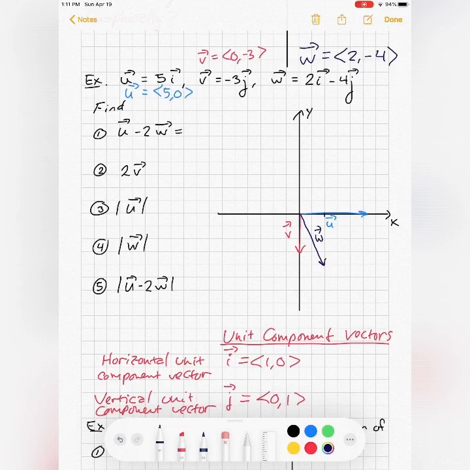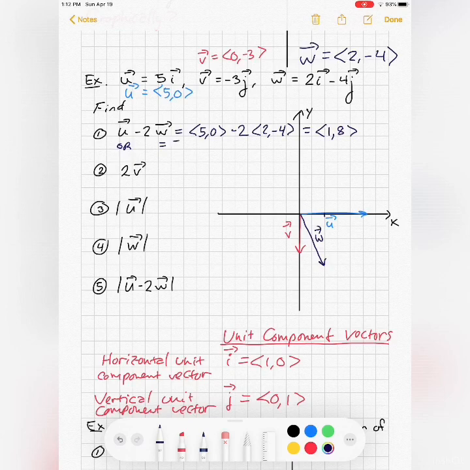Okay, so u minus 2w. I can either do this in component form, same as what we did above. Let's see what that gives me. 5 minus 4, 1, and then 0 plus 8. Did I get that right? Or I could leave these guys in terms of i and j.